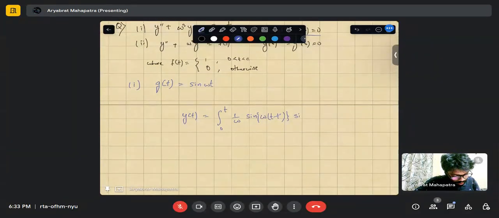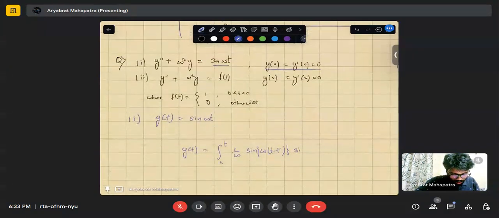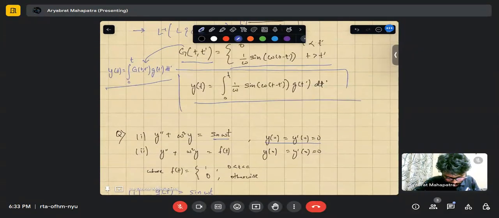This is the RHS part, g of t, but when you take this g of t inside your answer, this will be g of t prime.